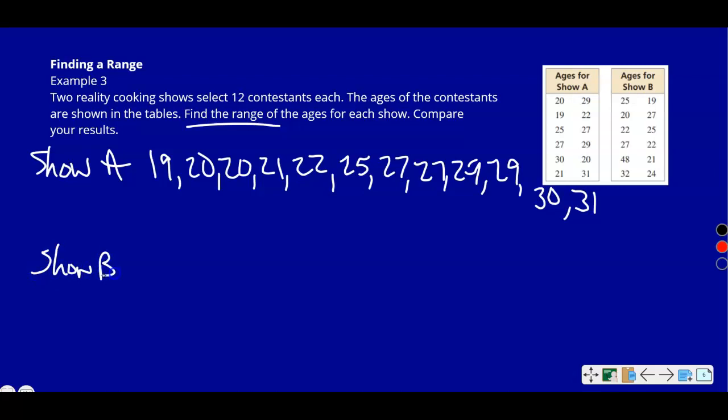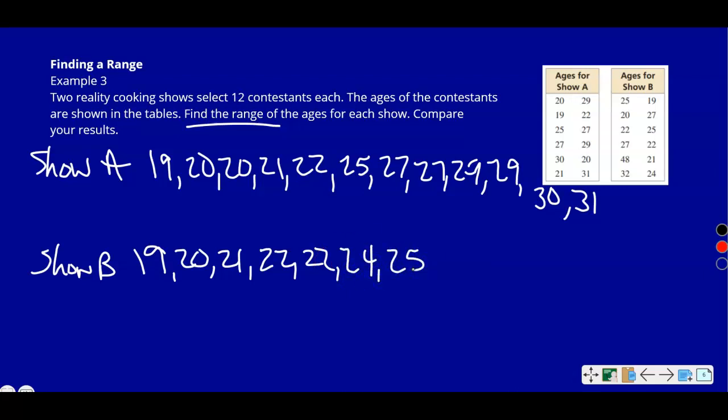And show B, if we put these in order, again, we have 19 is our lowest. So that's our smallest if we're putting them in order from least to greatest. So 19, 20, 21. Again, we're looking at show B. All right, there's a 24.